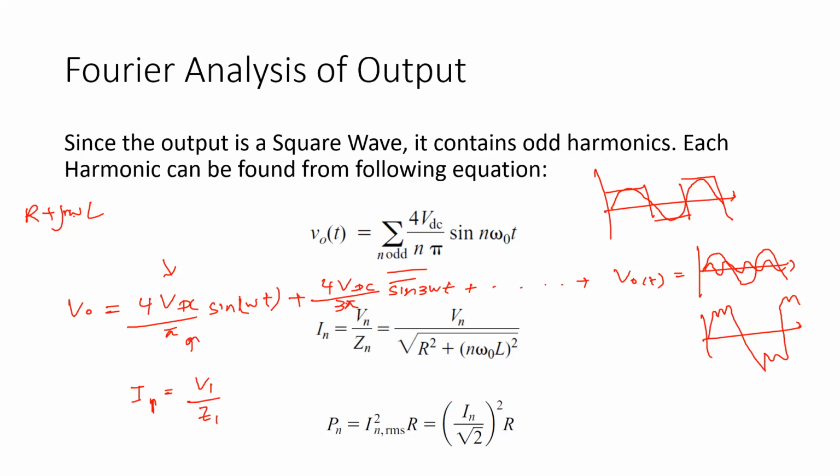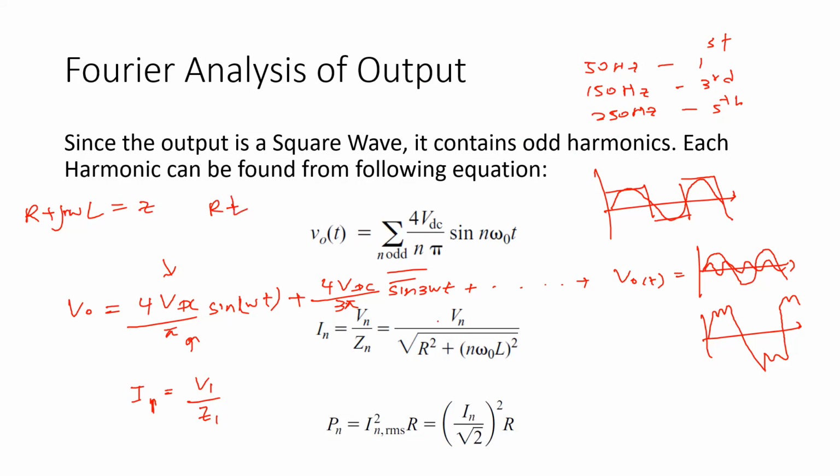You know what harmonics are, right? 50 hertz is the fundamental first. We are only talking about odd harmonics here: 150 hertz is the third, and let's say the fifth is 250 hertz. Likewise, this n number will change and omega will change with the harmonics, and the impedance will change if you have an RL load.